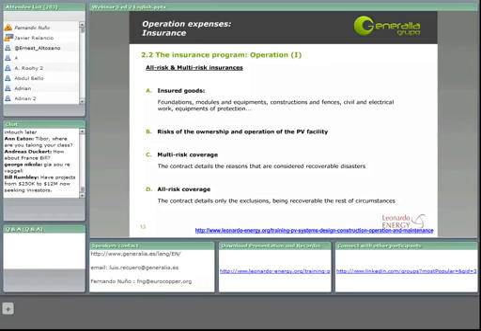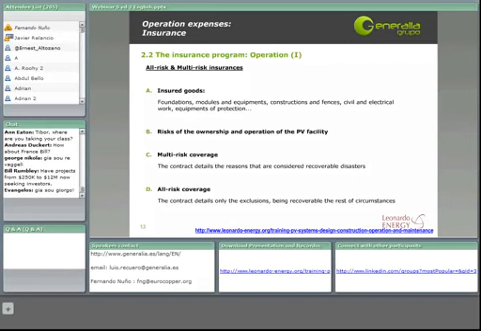So, now the elements to ensure are nearly the same as during the plant execution: the foundation, the models and equipment, the fences and constructions, the civil and electrical works, and the protections.